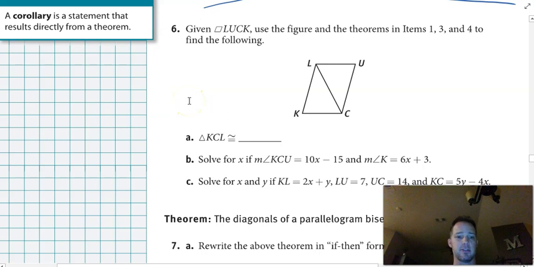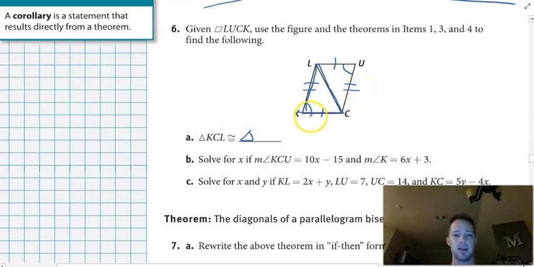All right. So A here says triangle KCL. So KCL is congruent to what? Obviously the other one, but we want to make sure that the pieces correspond correctly. So here, I'm going to go ahead and label this angle is congruent to its opposite angle. This side is congruent here, and this side is congruent here.